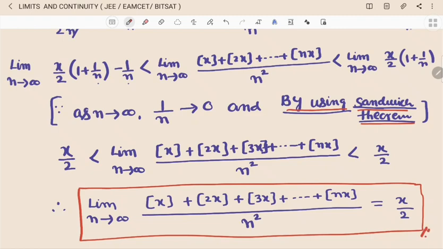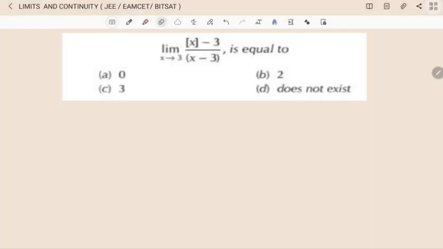We'll move to another question here. The next question. Limit x tends to 3, step x minus 3 by x minus 3 is equal to. First option 0, second option 2, third option 3, fourth option does not exist.